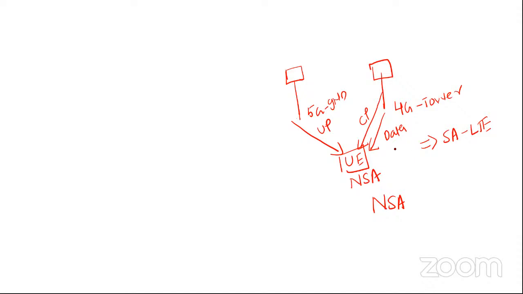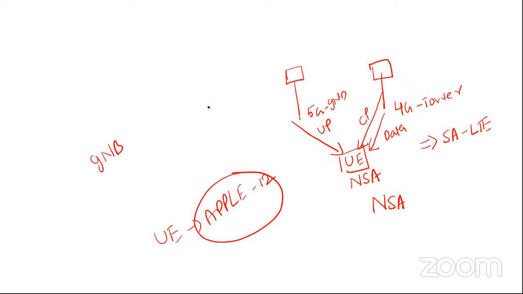Non-standalone means your phone, like an Apple iPhone 12 that supports 5G, is getting the signal from two different radio networks. One radio network is gNodeB and one is eNodeB. eNodeB we call 4G and gNodeB we call 5G.